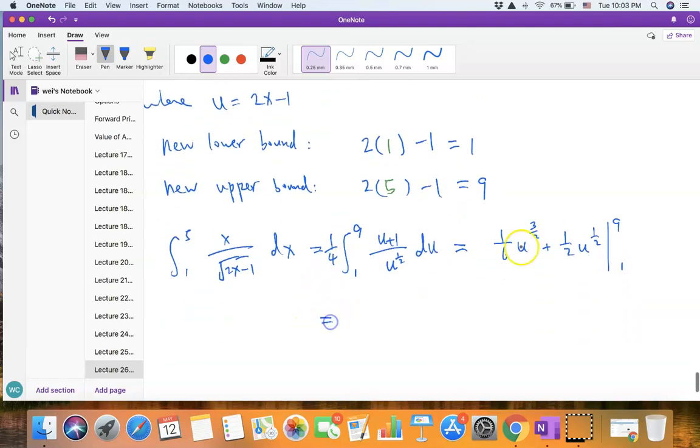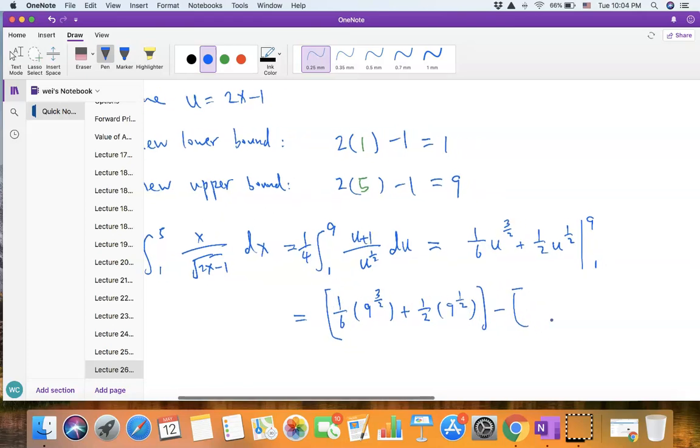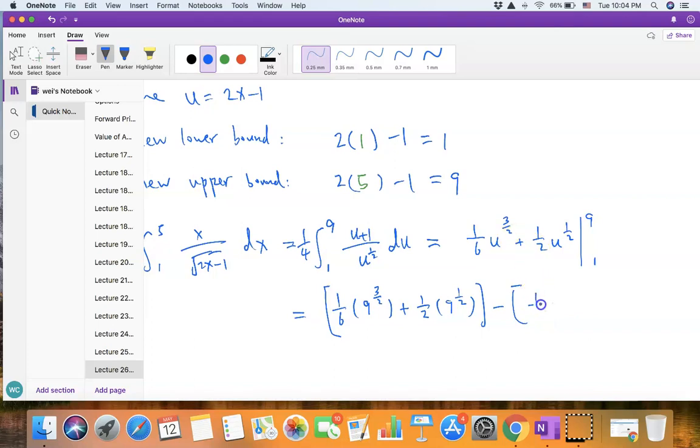Okay. So when u equals 9, this is 1/6 times 9 to the power of 3/2, plus 1/2 times 9 to the power of 1/2, and minus, when u equals 1, it's 1/6 times 1 to the power of 3/2, plus 1/2 times 1 to the power of 1/2.